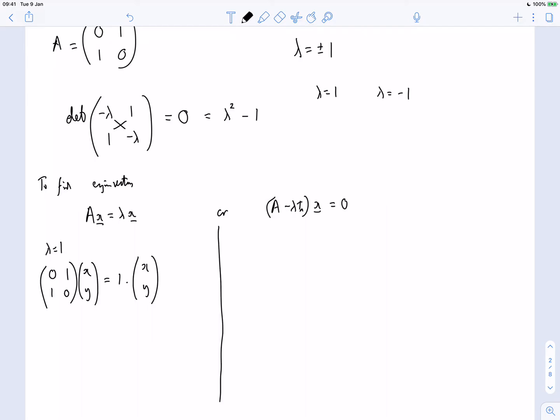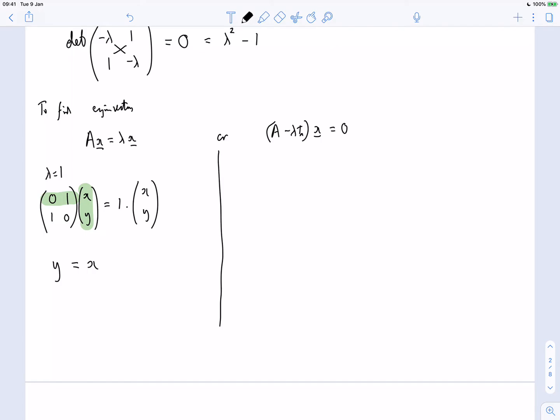Well, when we do the expansion, first row, first column, is going to give 0 times x plus 1 times y, which is y, and this equals 1 times x, which is x. This just gives y equals x. By the second row, you can probably see that 1 times x plus 0 times y equals 1 times y. And now you're thinking, okay, y equals x, x equals y.